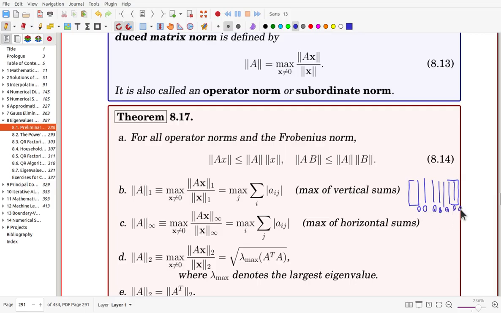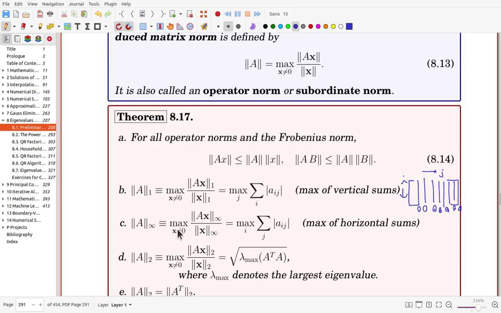Among these quantities, we choose the maximum. In the matrix, the common convention is that the j direction is horizontal and the i direction is vertical, right? So among these, we choose the largest one, which is the same as the matrix one norm. This is a definition, and this is a computational formula in some sense.